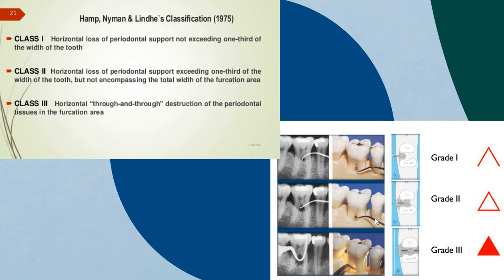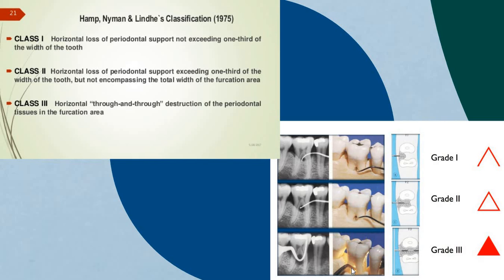Well, in class 2, horizontal loss of periodontal support exceeding 1/3 of the tooth width, but not encompassing the total width of the furcation area. Not all the furcation area is included with the disease, so there is no through-and-through passing of the Nabers probe.